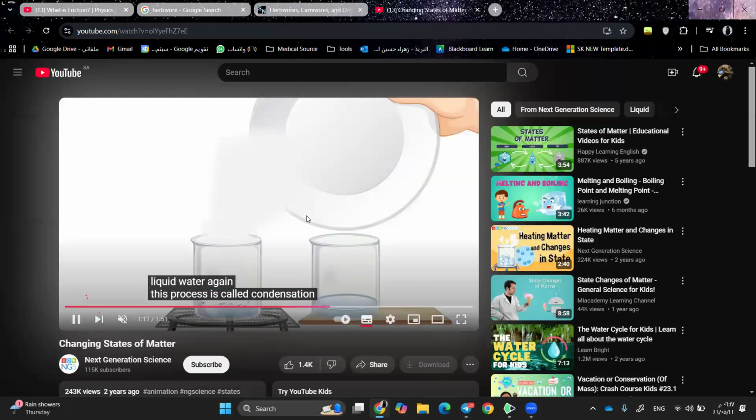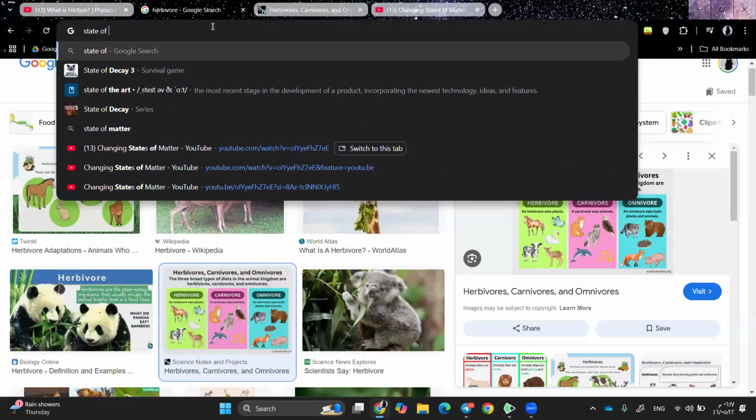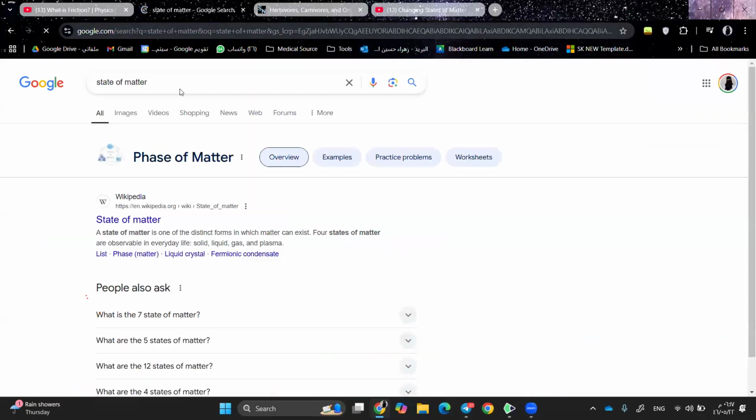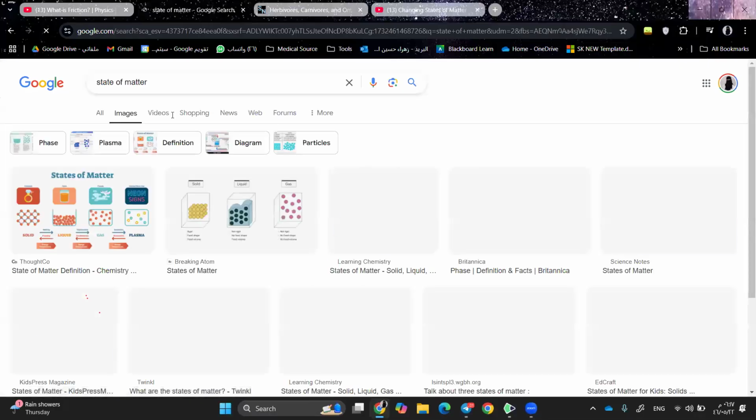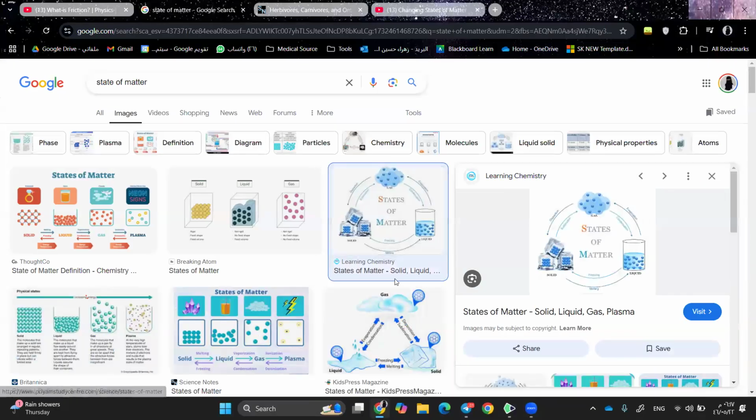So there are three types of state of matter. In science we have four, but to make it simpler we have three: solid, liquid, and gas.